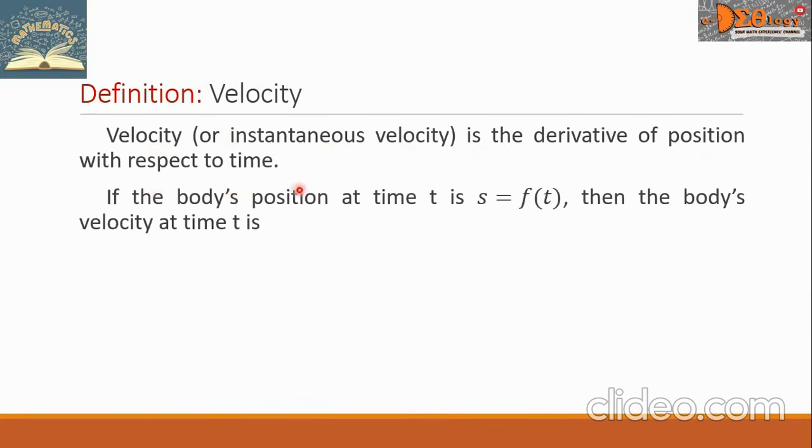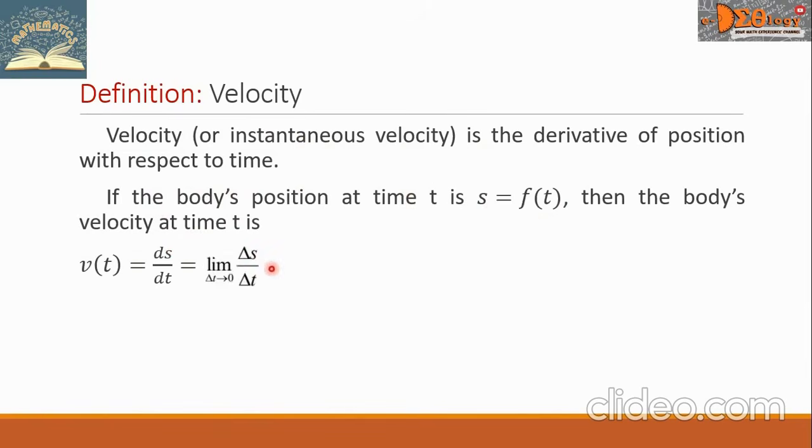If the body's position at time t is the function s = f(t), then the body's velocity at time t is v(t) = ds/dt. That is the derivative of this function.